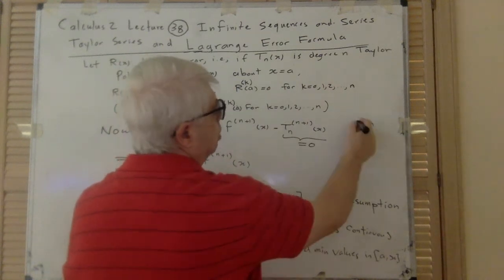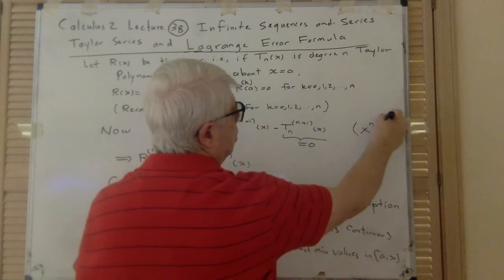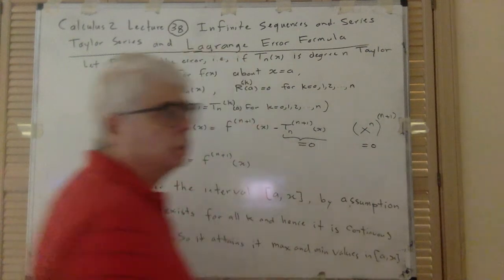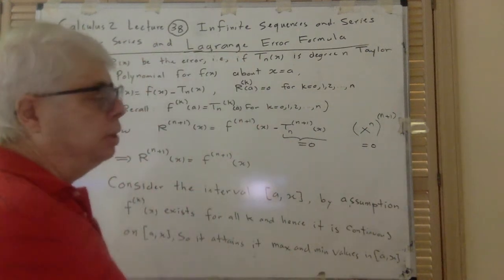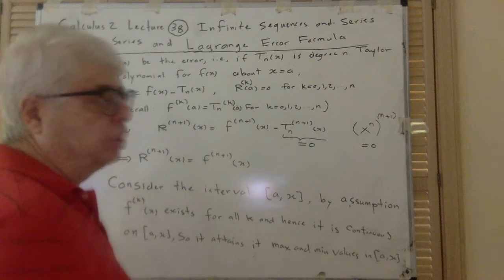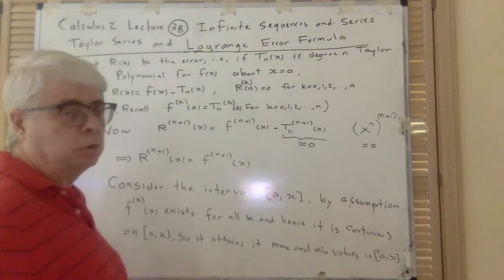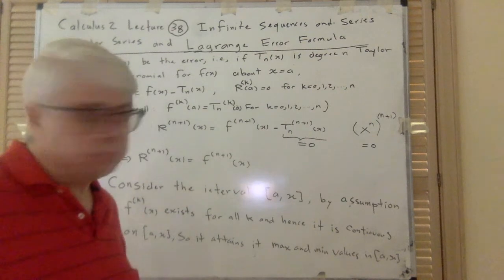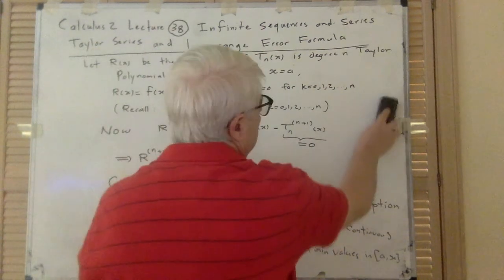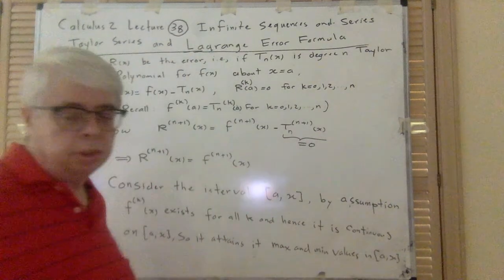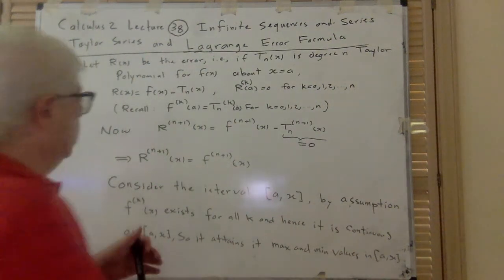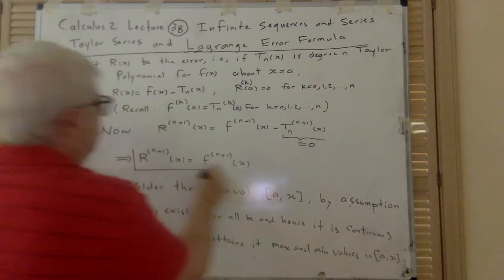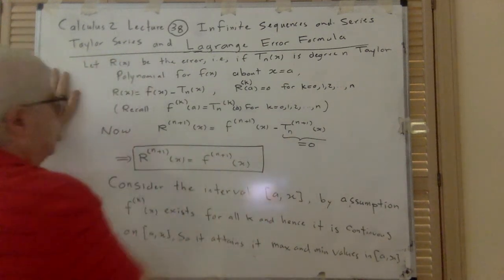What is derivative n plus 1 of x^n? It's 0. Because the nth derivative of x^n is n factorial, and the derivative of n factorial, which is just a number, is 0. So this polynomial's n plus first derivative is 0. Therefore, the n plus first derivative of R and the n plus first derivative of f are the same.